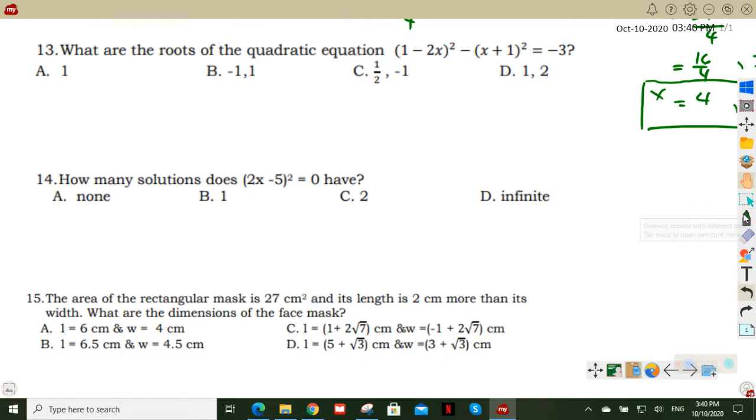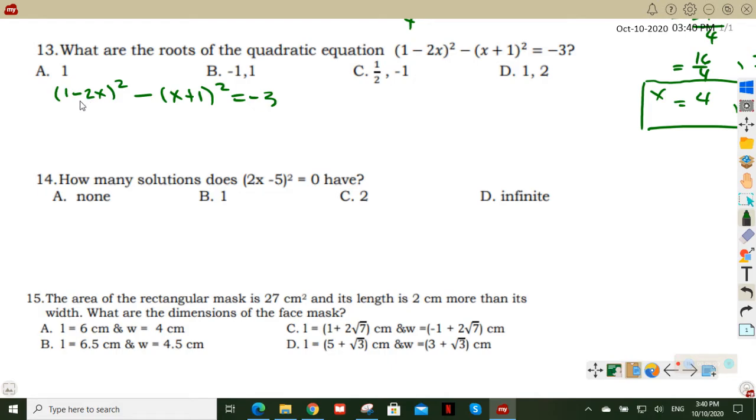1 minus x squared. Let's simplify 1. So that should be 1 minus 2x squared minus x plus 1 squared equals negative 3.